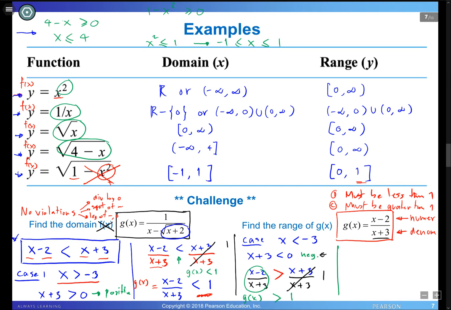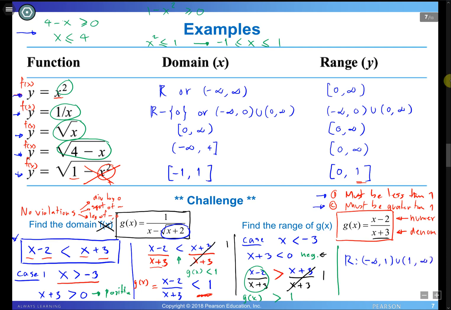So we are going to get that the range can be anything that is less than 1 from number 1, minus infinity to 1, union anything that is greater than 1, from 1 to infinity.